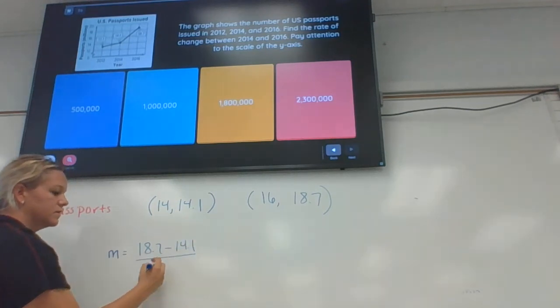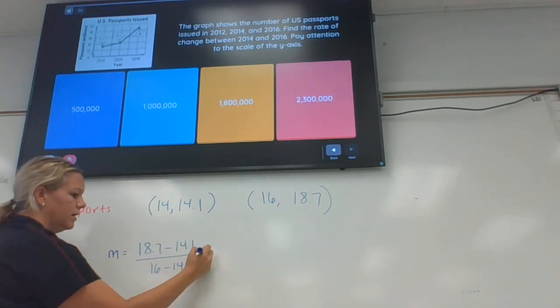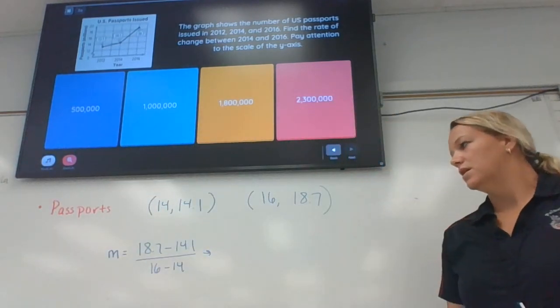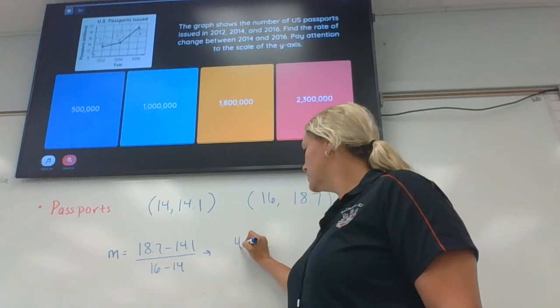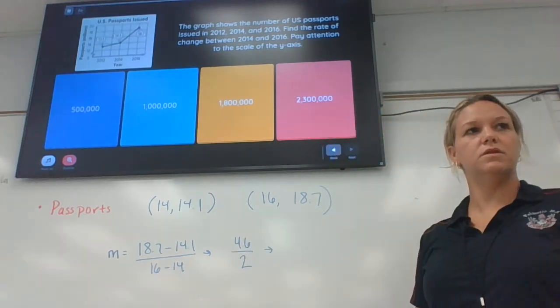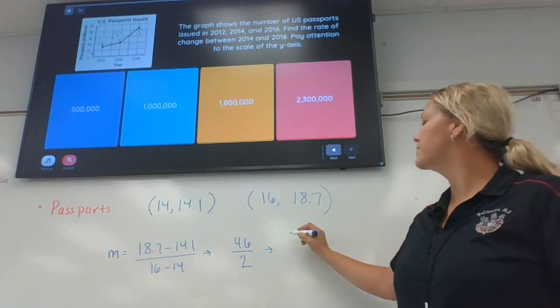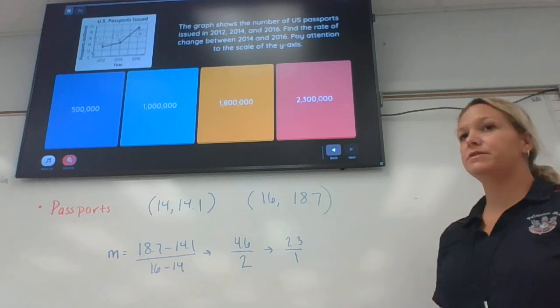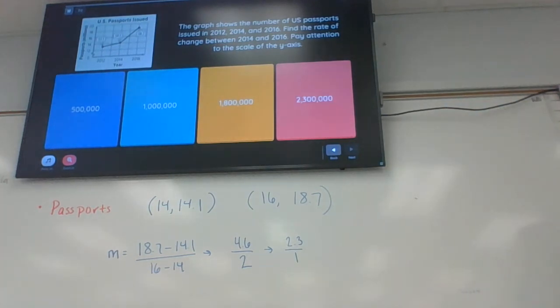Okay? Alright. What's that math? 4.6 or something? Okay, 2.3 over 1. Joseph, what does it mean?